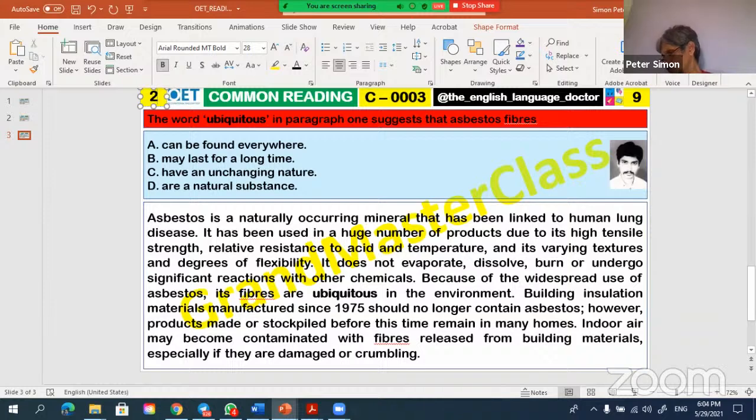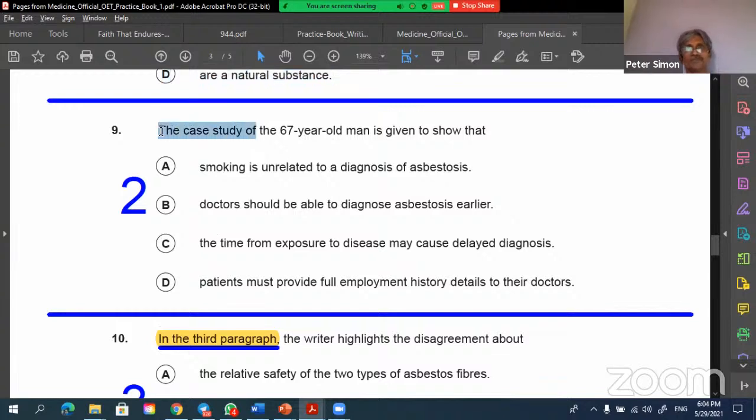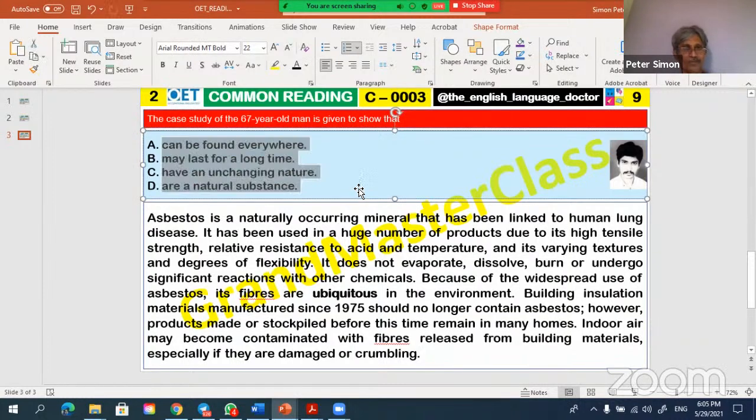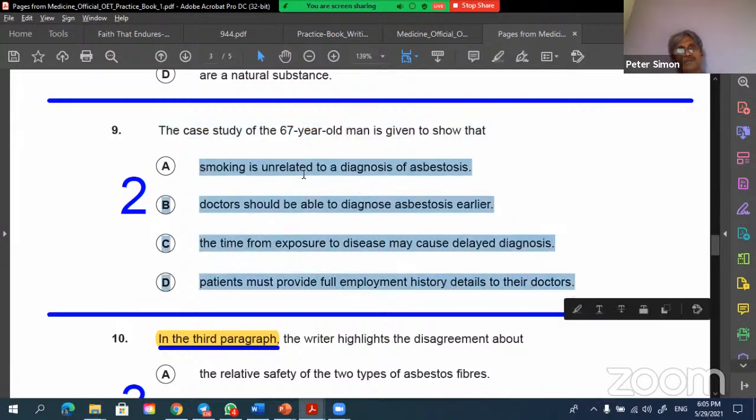Paragraph number 2. Okay, right. Question number 9 is here. Copy. Options are here. Copy.